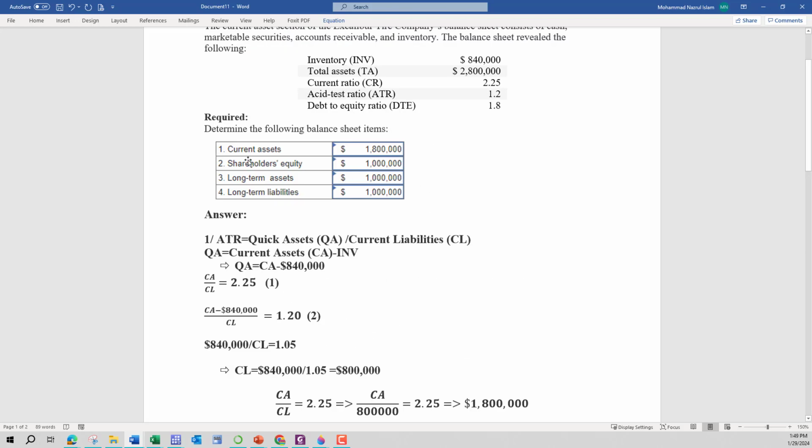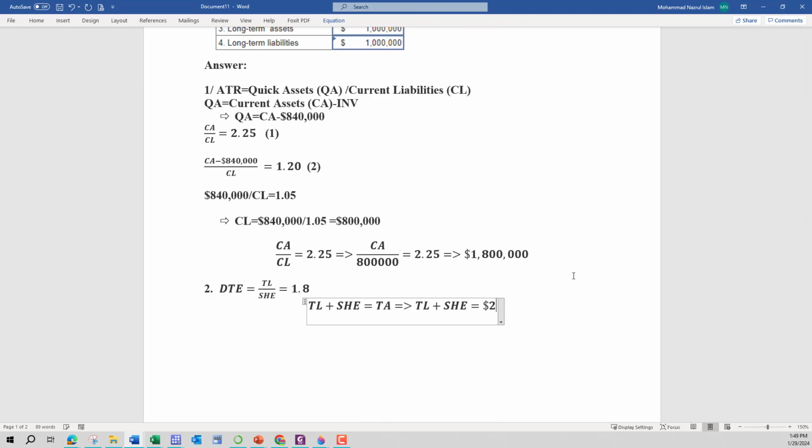Total assets is given as 2.8 million, so 2,800,000.